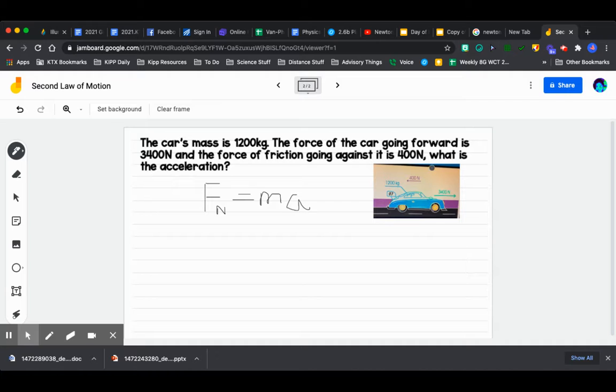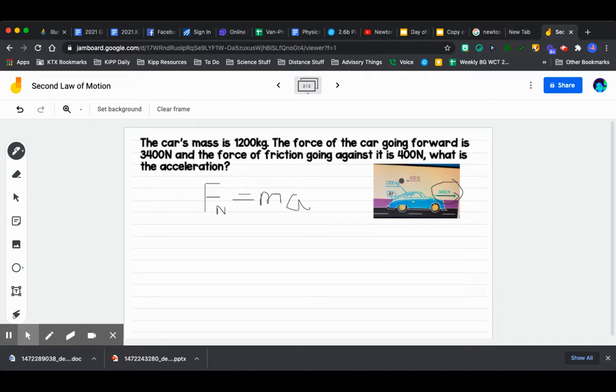In the picture we see that 400 is going backwards. That's the friction. 3,400 newtons is going forwards. We always circle the bigger force. That shows us the direction, so we know the force is going to go forward.